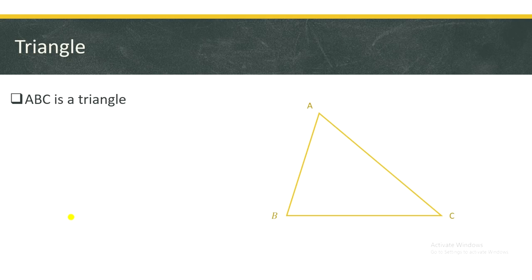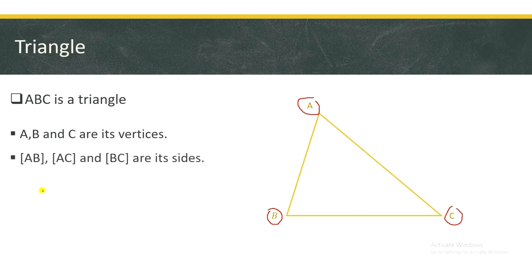In this triangle ABC, we have three vertices: vertex A, vertex B, and vertex C. We have three sides: AB, the first side, AC, the second side, and BC, the third side.